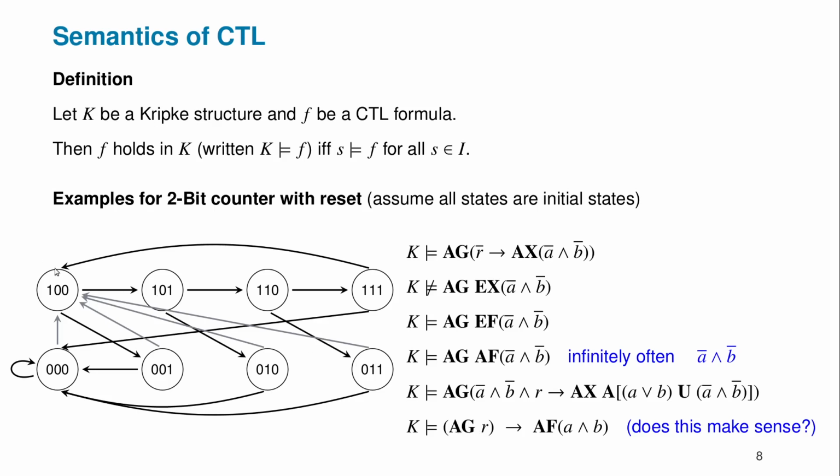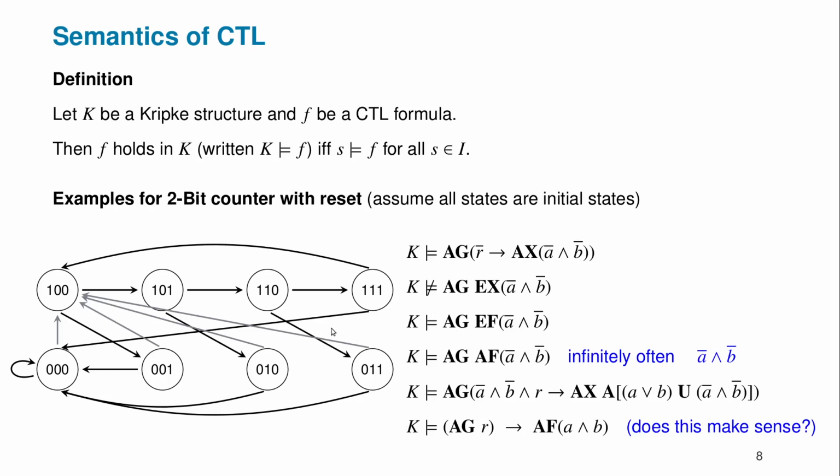Because we can always reach a state where R is false. And if this formula is false, on the left-hand side the implication is immediately true. Therefore this formula is always true, and therefore I cannot make any statements about this upper part here.